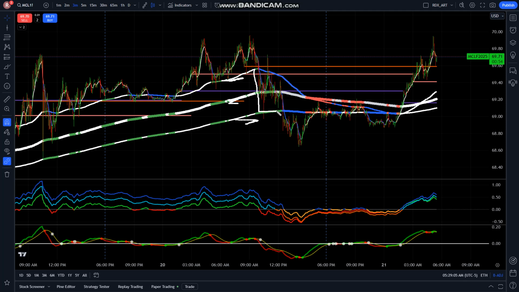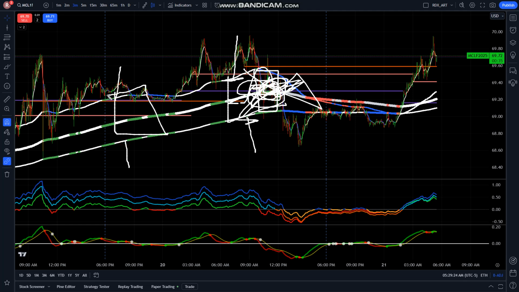The web that forms as a portion between these 3 moving averages is what I would call a no trade zone. Don't trade. Okay? And I want to trade outside of this zone. So outside of this zone, outside of this zone. Right? That's what I'm trying to do.